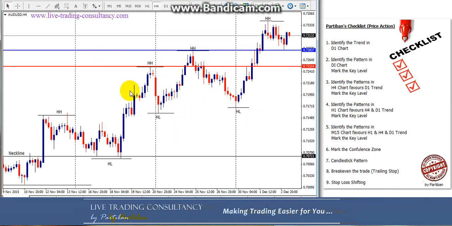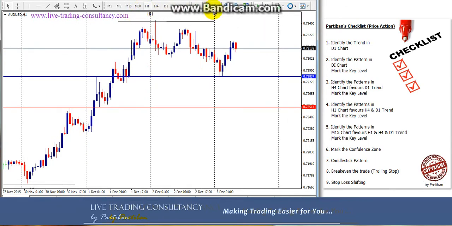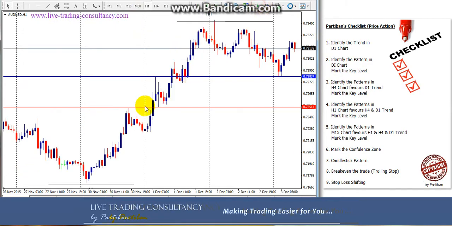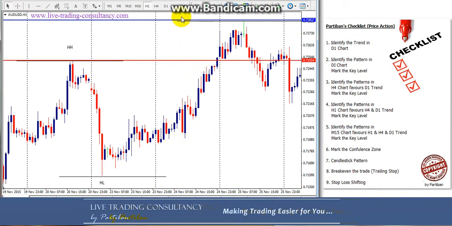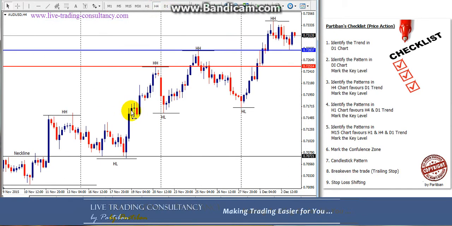Let's focus on H4, because the smaller time frame isn't showing a clear picture.